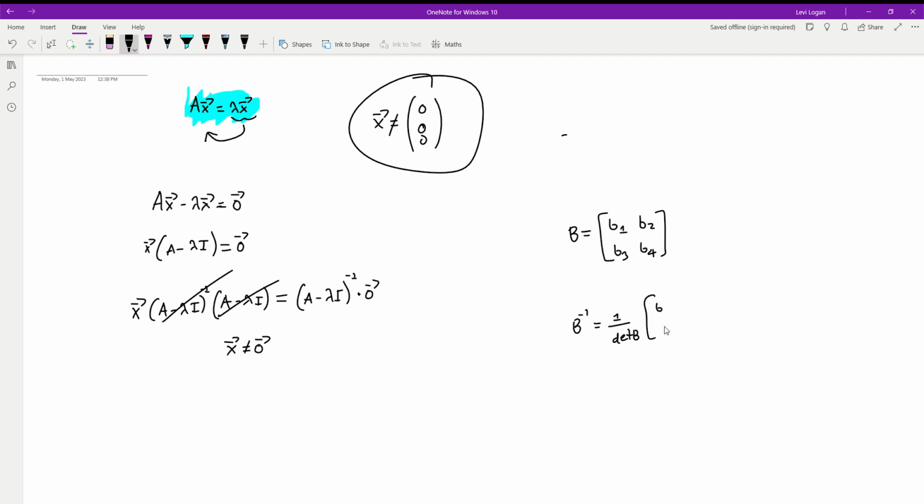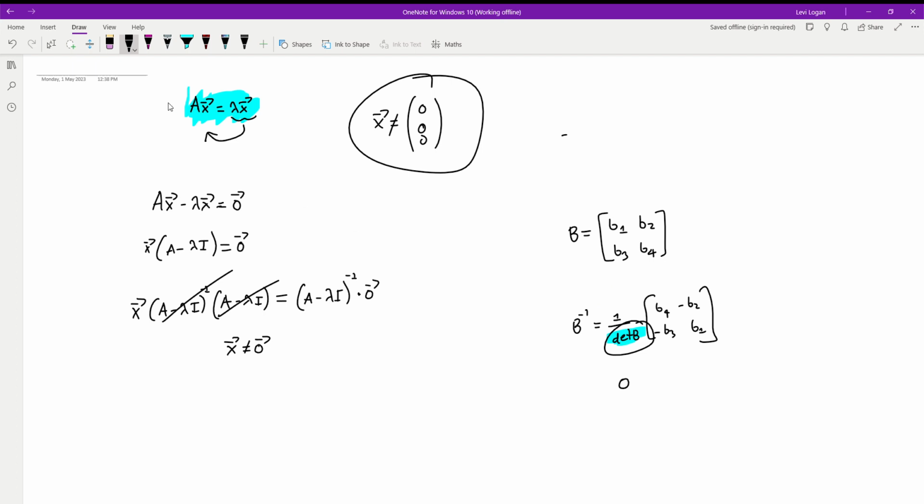So you have B4, then you change the sign here, B2, negative B3, and B1. That's what happens when you have an inverse matrix. But notice this particular property: you have this 1 over the determinant here. So if this matrix does not have an inverse, the determinant must be 0. Because if B didn't have an inverse, then its determinant would be 0.